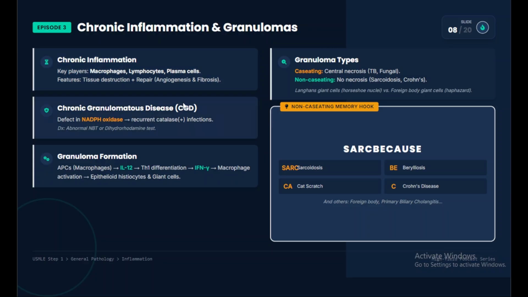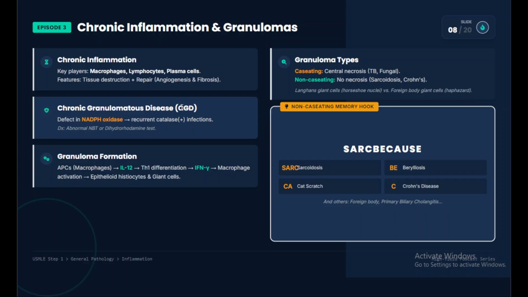Now from here I can link something called chronic granulomatous disease (CGD). Before we jump into granulomas, let's talk about a classic immune deficiency. Chronic granulomatous disease is caused by a defect in an enzyme called NADPH oxidase.